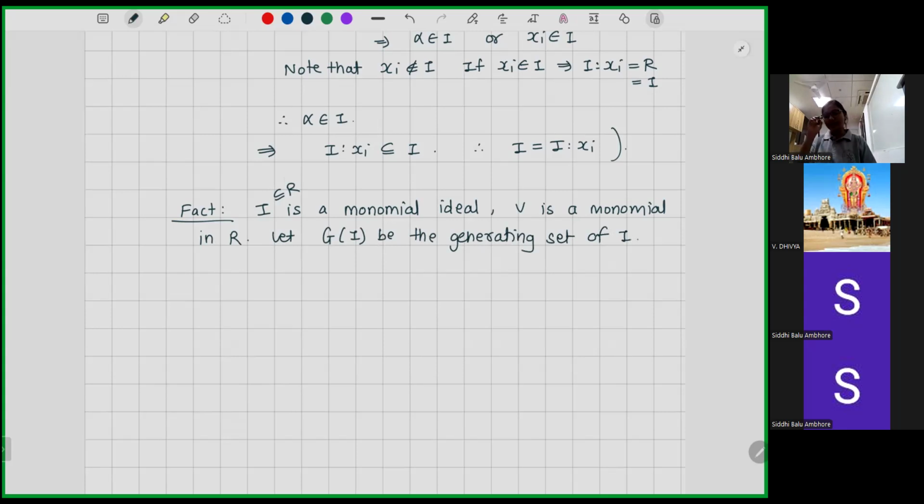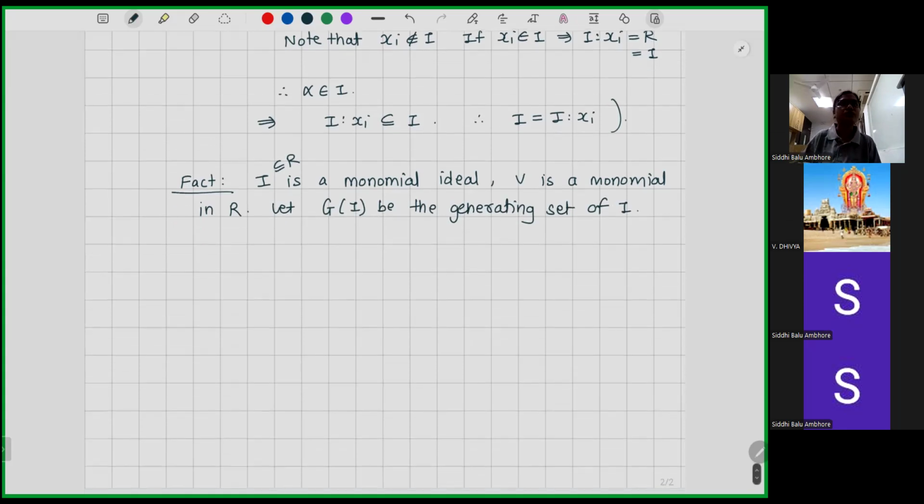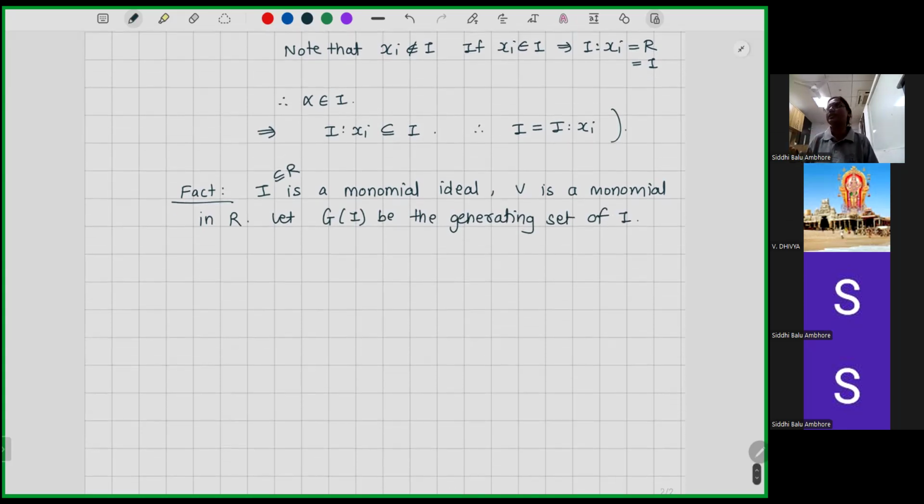Okay, so this G_i is what we consider to be a minimal generating set. When we say minimal for a monomial ideal, the minimality holds with respect to inclusion as well as divisibility.